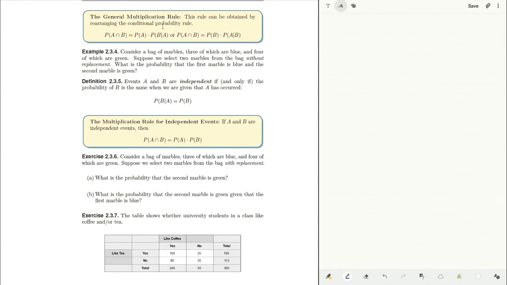So let's define the events here. We'll let A be the event where the first marble is blue and B is the event where the second marble is green.